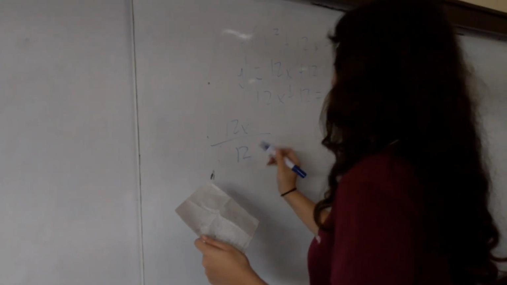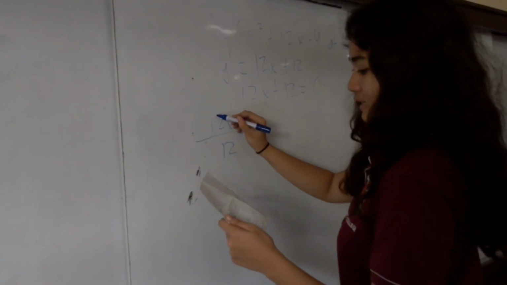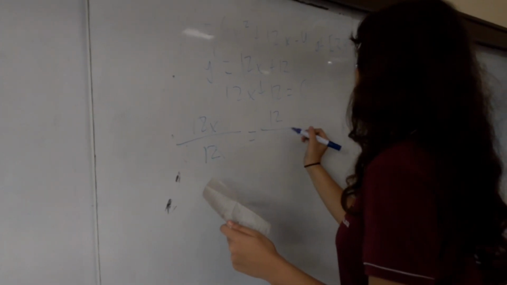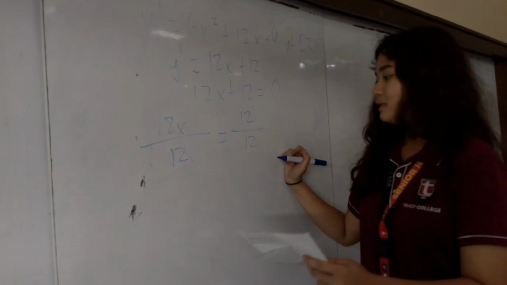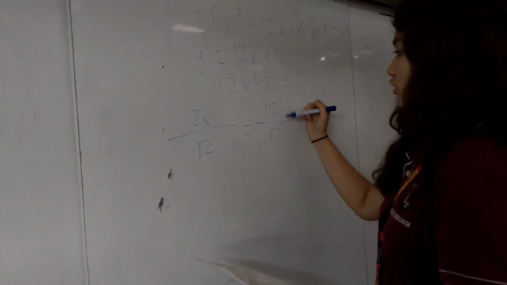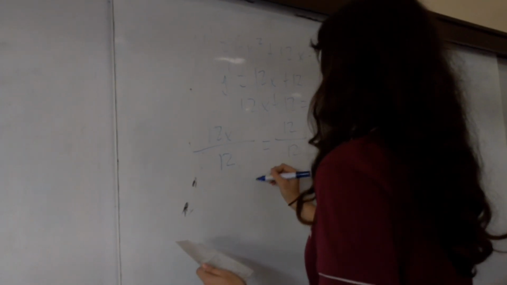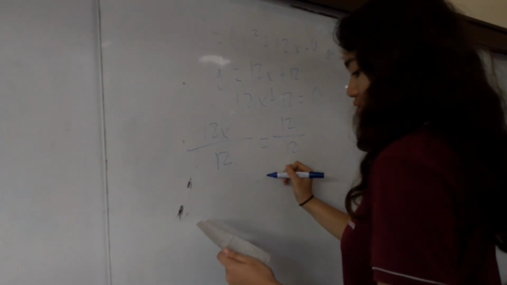Then divide both sides by 12 to cancel, and leave the left side with x. Now for the final answer, we have x is equal to negative 1.